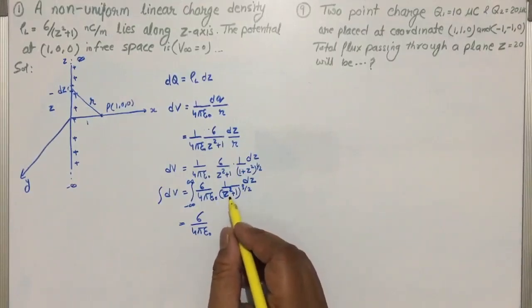To integrate this, consider z equal to tan theta. It will simplify the problem.